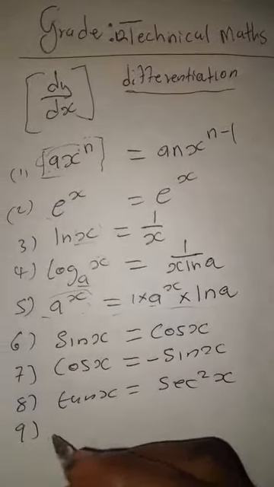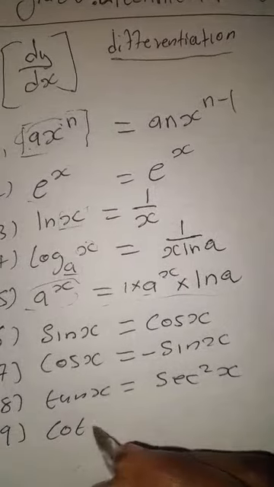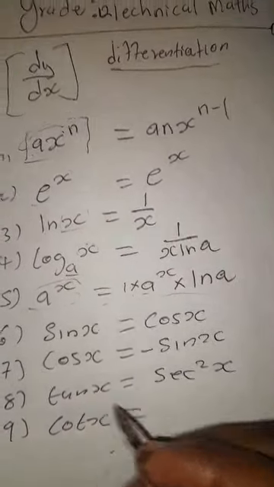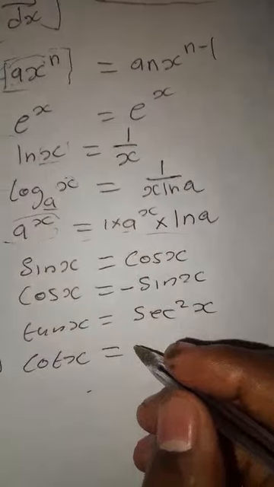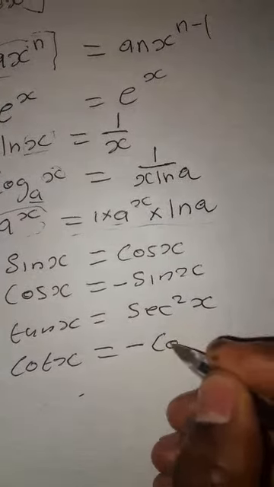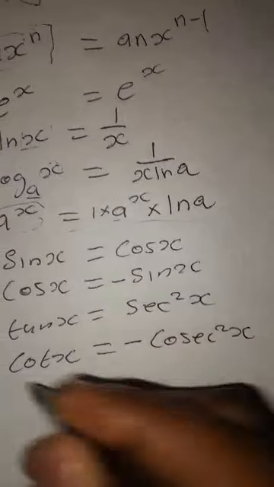When you are given cot x, which is the inverse of tan, it will become negative cosec squared x.